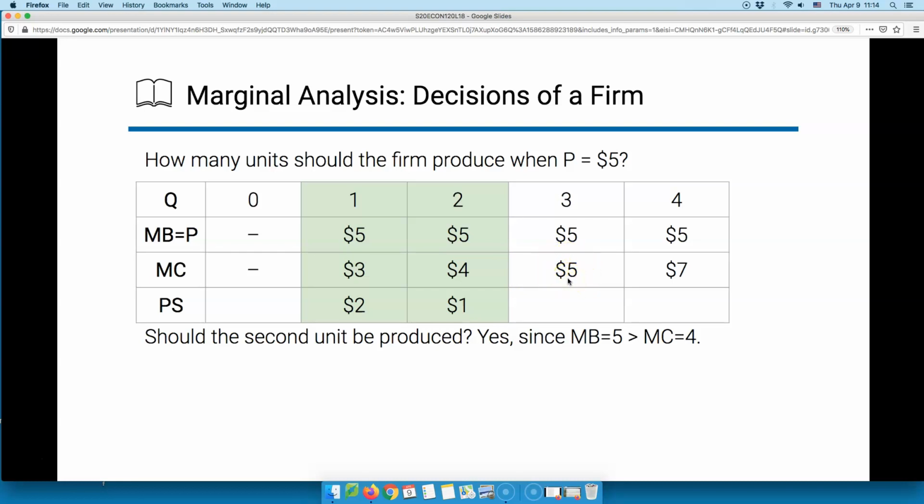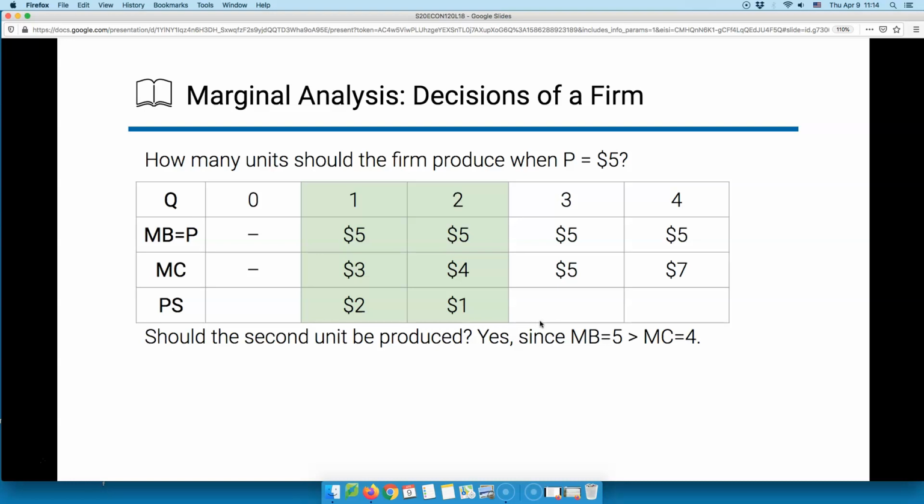So it is going to generate 0 in terms of producer surplus, 0 in terms of economic profit, but the accounting profit can still be positive. So if on paper you're making profit, why not do that? So I'm going to go on and say the answer is going to be yes for unit number 3.